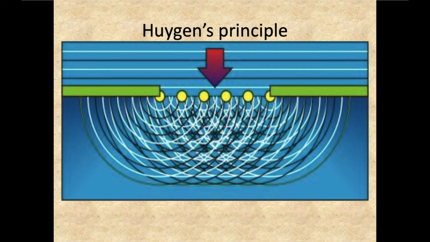Huygens principle is what we use to explain this phenomenon. These white lines represent the wavefronts. You see that the distance between them is the same. But we're going to model this plane wavefront as a collection of infinite number of point sources, which emit circular wavefronts of their own. So each of these dots shown on this diagram, for example, for this one, that would be one wavefront, and that would be the next wavefront.